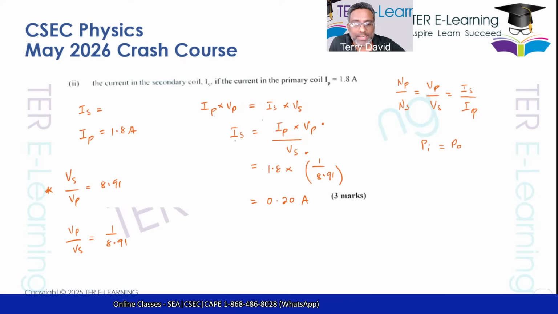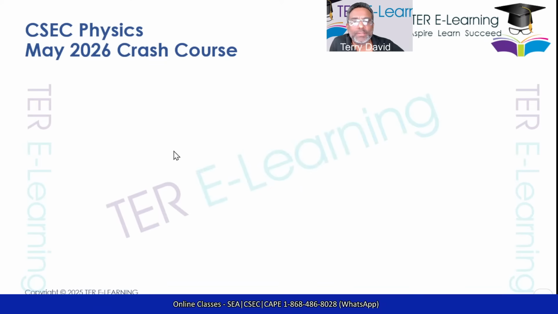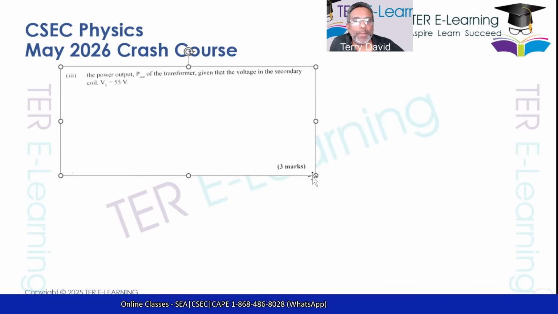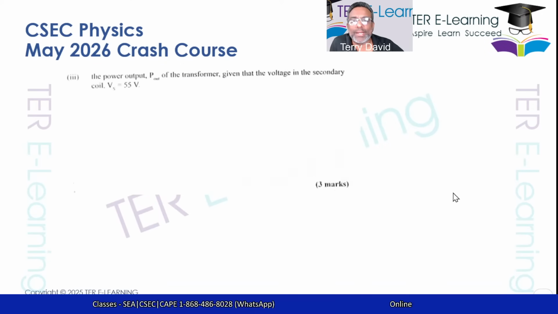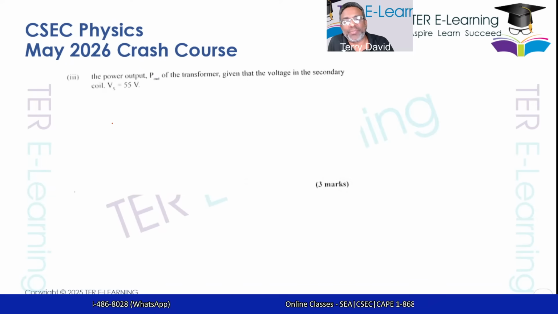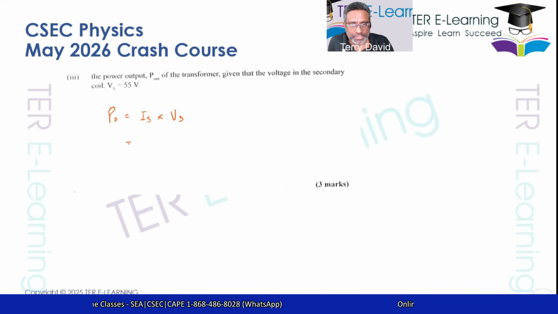And then the last part here, if they do bring transformers as your data analysis, honestly, that's going to be an easy question. You want to calculate the power output of the transformer given that the voltage in the secondary is 55 volts. So power output is simply going to be your secondary current, Is, multiplied by Vs, the secondary voltage.